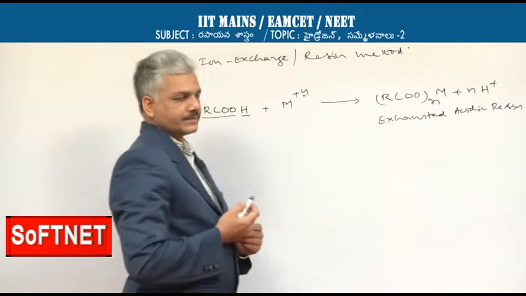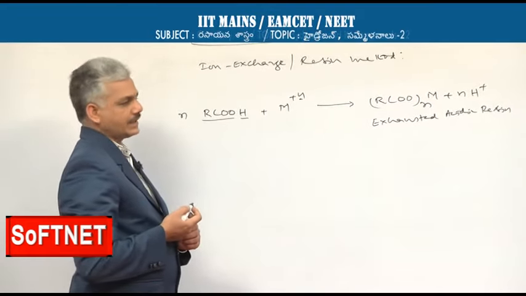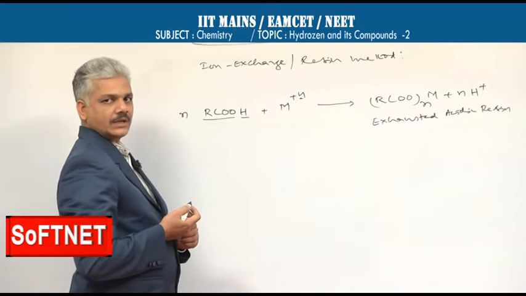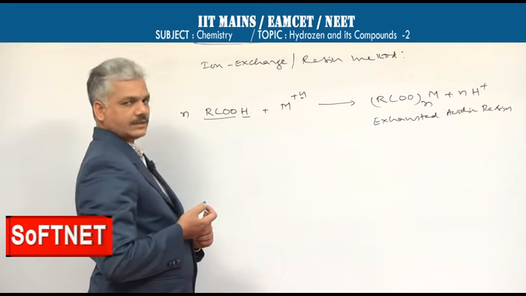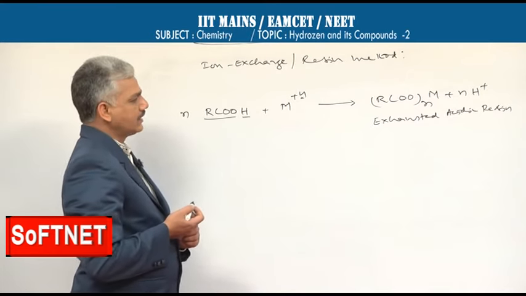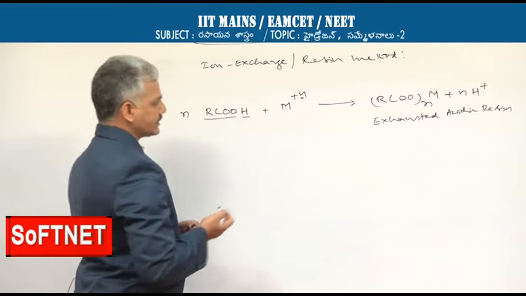Once the acidic resin is completely converted into cationic resin, that is called exhausted acidic resin. This exhausted acidic resin can be regenerated by washing with dilute mineral acids. Above the cation exchanger, we can see a tank containing dilute sulfuric acid.